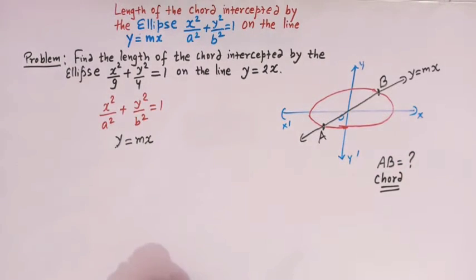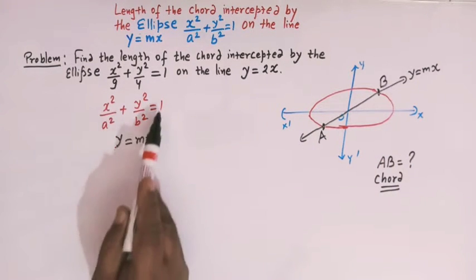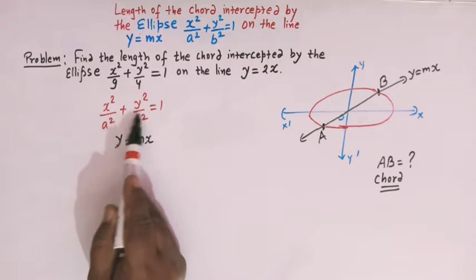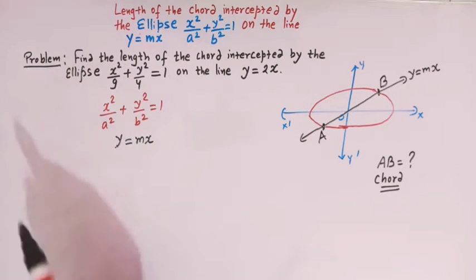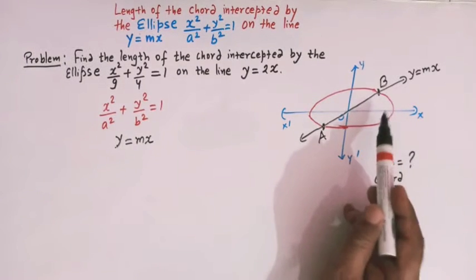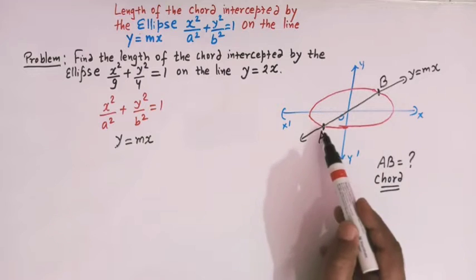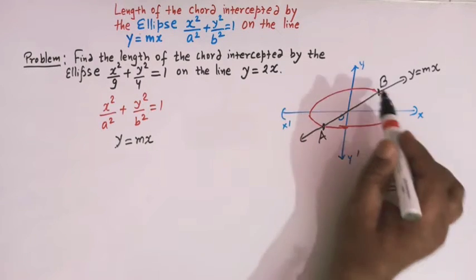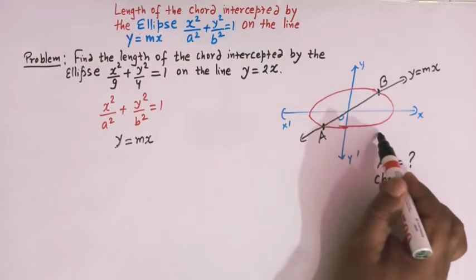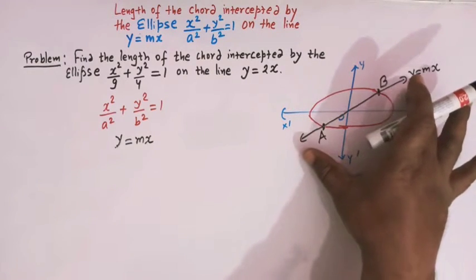So we have to find the length of this chord AB. Okay, so now here we have an ellipse whose general equation is x²/a² + y²/b² = 1, and we have the line y = mx. Now this line cuts this ellipse at 2 points, that is A and B. This line can also be drawn like this, and here for simplicity we are taking the line like this.